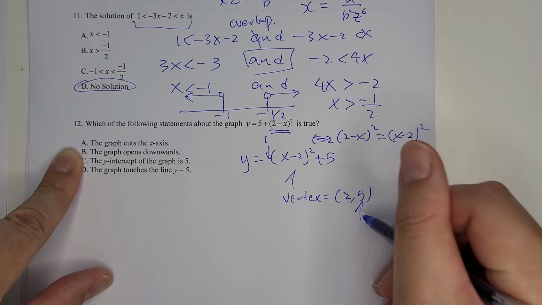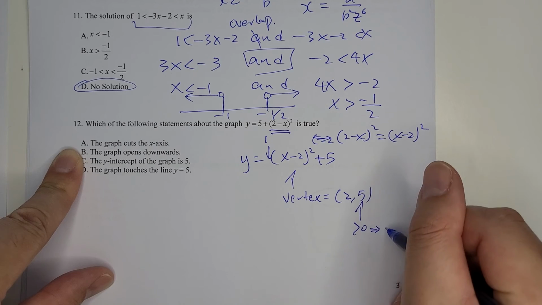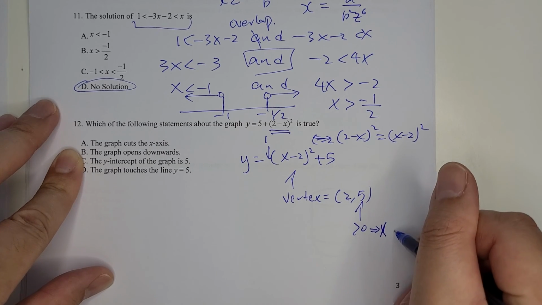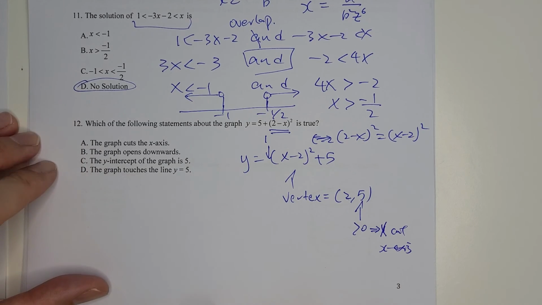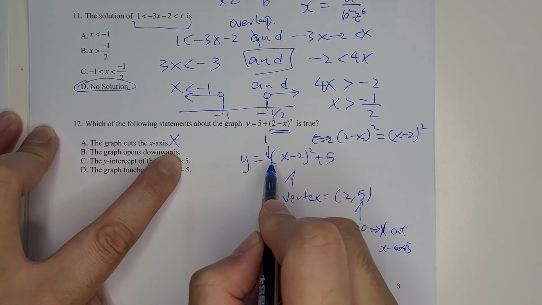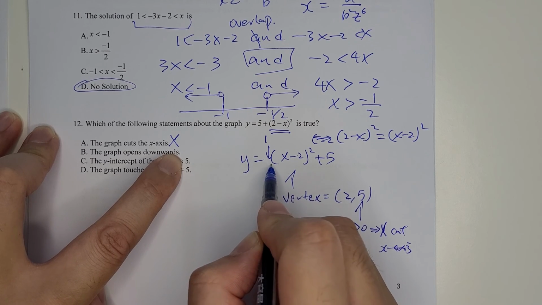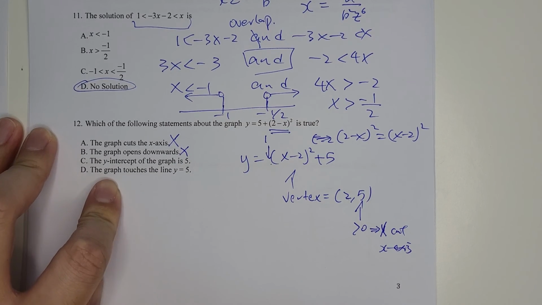As you can see, the y-coordinate of the vertex is greater than 0. That means it would not cut the x-axis. So A is wrong. B. Open downward. As I told you, the coefficient of x squared is greater than 0, so it opens upward, not downward.